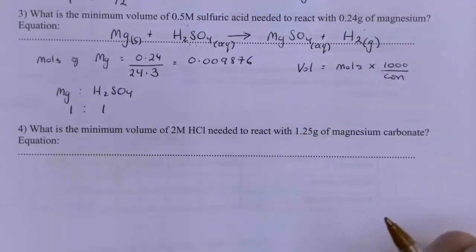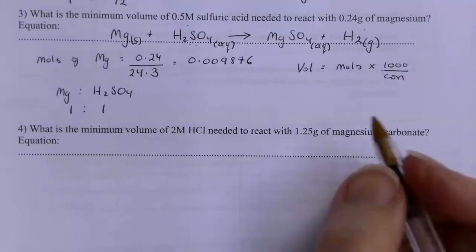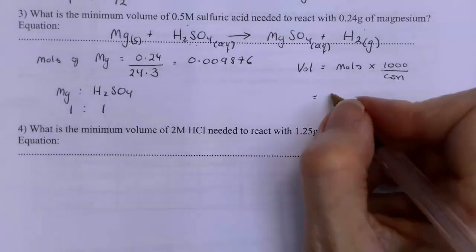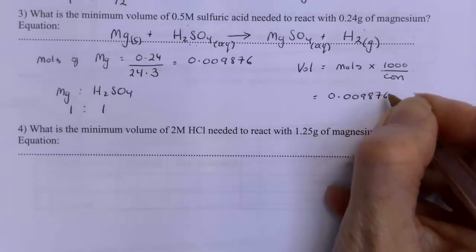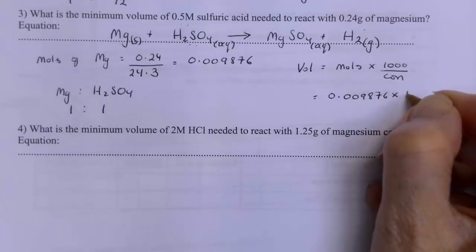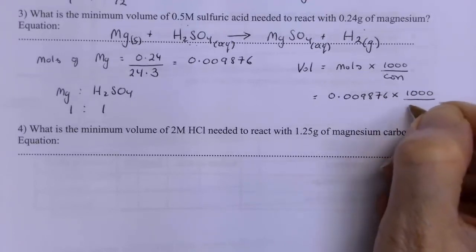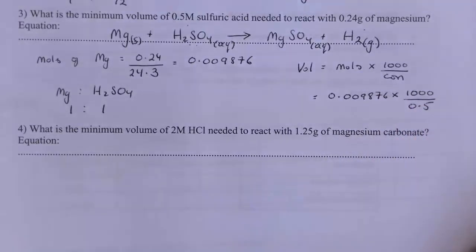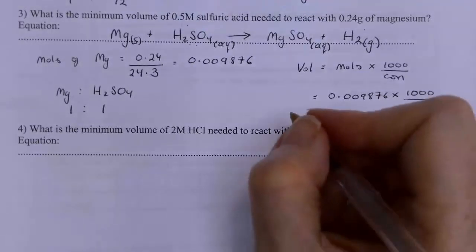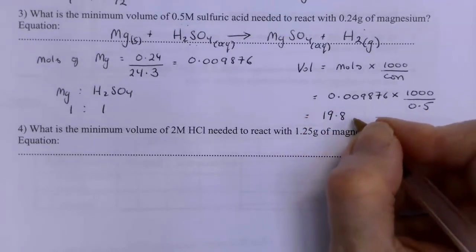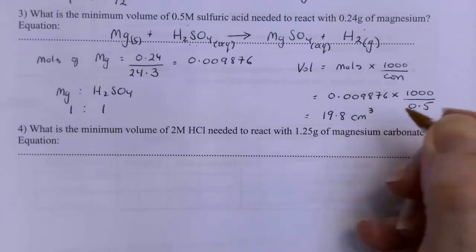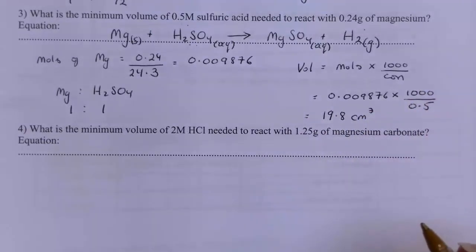So the volume becomes the moles, 0.009876, the number I've kept in my calculator, times 1,000, divided by the concentration, which is 0.5, and I get 19.8 centimetres cubed. Because of that 1,000, I've got it in centimetres cubed.